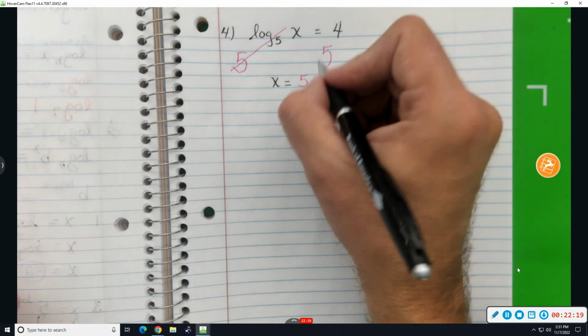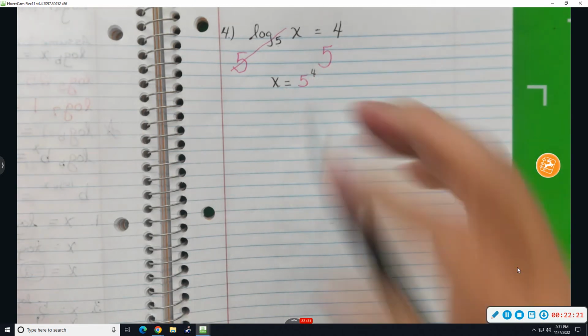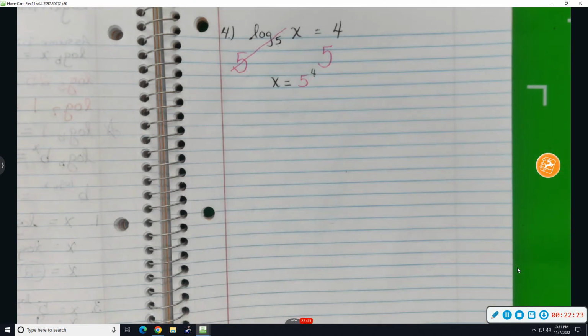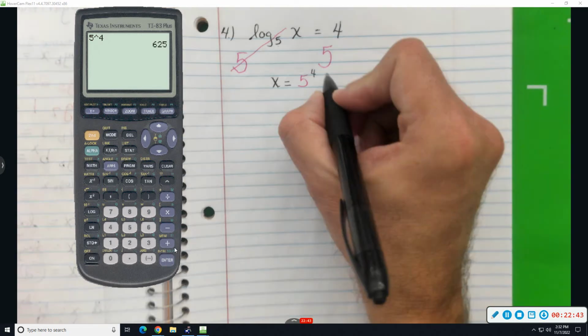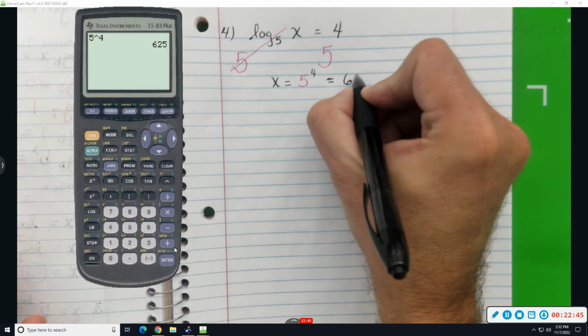Don't say 20. 5 to the 4th would be 25 times 25, or 625. The way you punch in 5 to the 4th, you use this little caret symbol. 625.